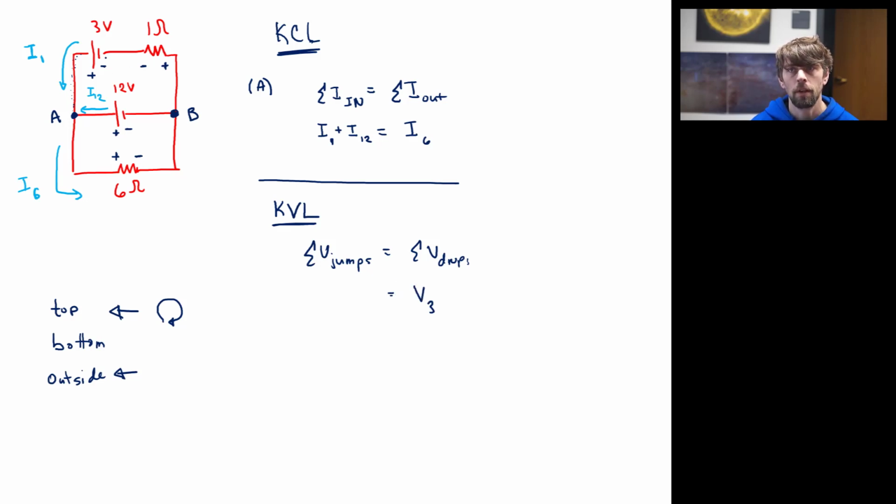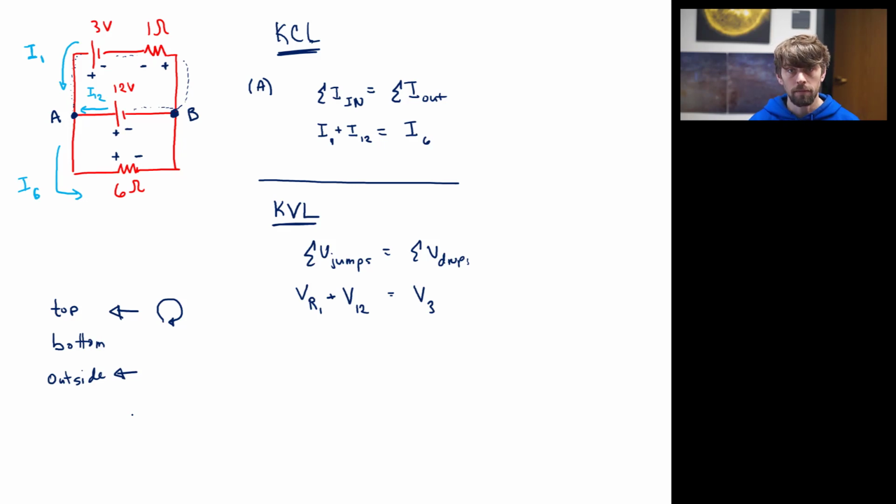And we keep going, and here, based on our labels, you notice that the resistor represents a jump. I go from the low to the high potential side. So I'll put that on the jump side. And I'll keep walking, and I get to the 12-volt battery, and again, I move from the low to the high side. So that is a jump. And I finally arrive back at position A.